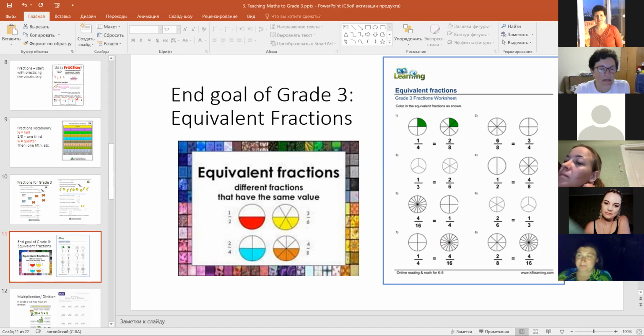The only thing we can do is to give the idea of equivalent fractions, meaning that different fractions have the same value. Actually, it's about multiplication, like 1 second or 1/2 is the same as 3/6, and 2/4 is the same as 4/8.